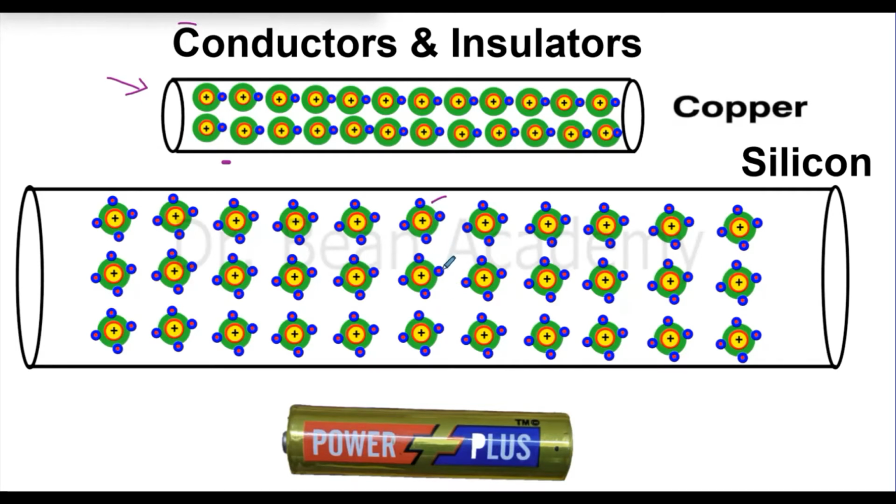So it will share its electrons with the 4 neighboring atoms. For example, it will share this electron with the neighboring atom to the right. So this electron will move here. For example, the electron of this atom may go this way, and the electron of this atom may go this way.